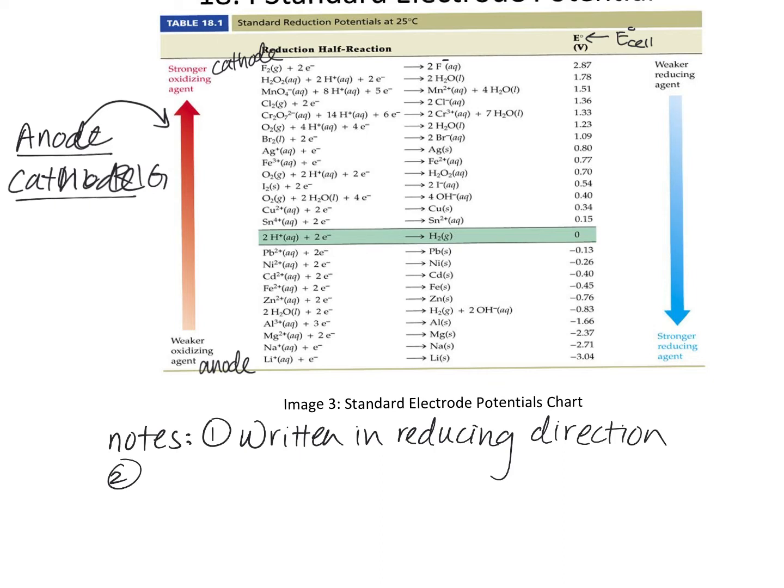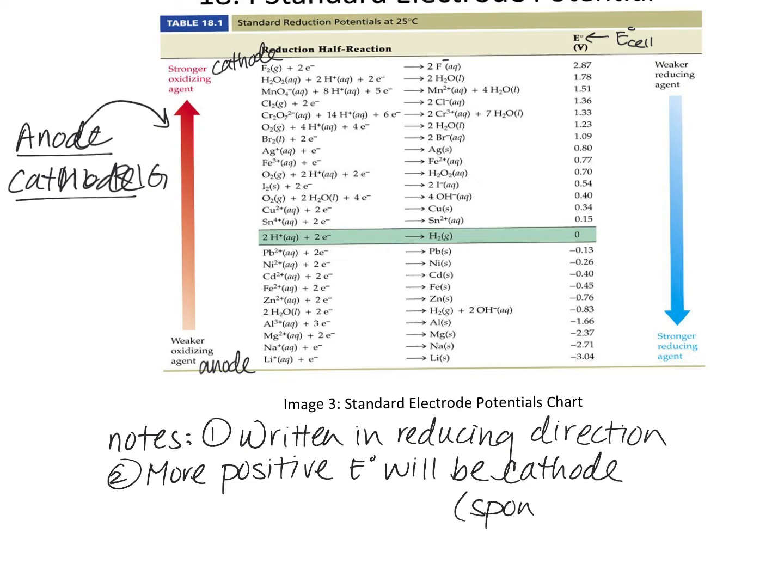Number 2, the more positive E cell or cell potential will be the cathode. And this is only, of course, for a spontaneous reaction because we're looking at voltaic cells. All right, that's the most important information from this table.